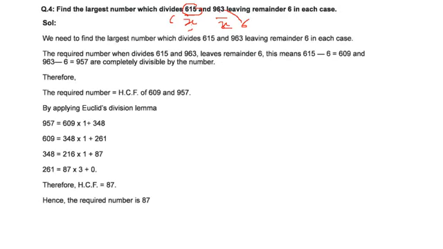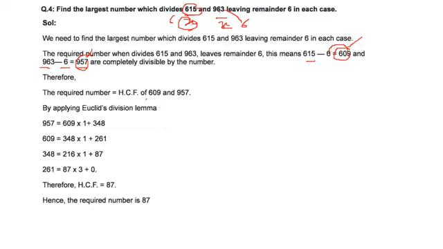We'll take 615, subtract 6 from here, we get 609. We'll take 963, subtract 6 from here, we get 957. Now these are the two numbers. When they are divided by a certain number, this number x is going to divide both of them. So that means we are trying to find out the HCF. So we'll try to find out the HCF of 609 and 957.